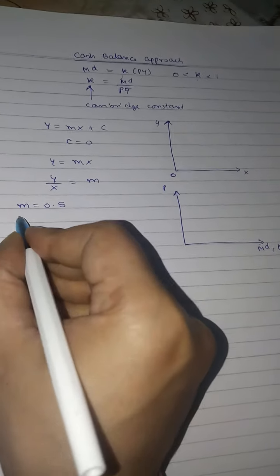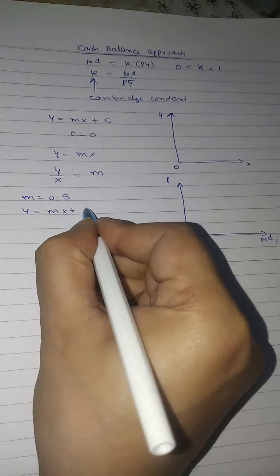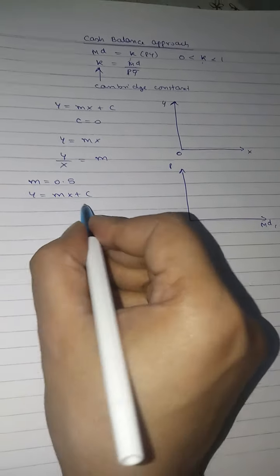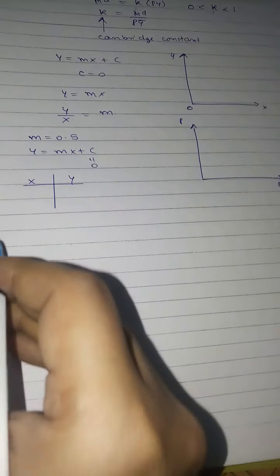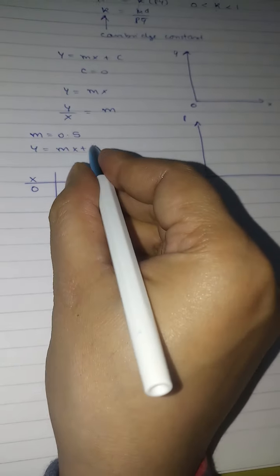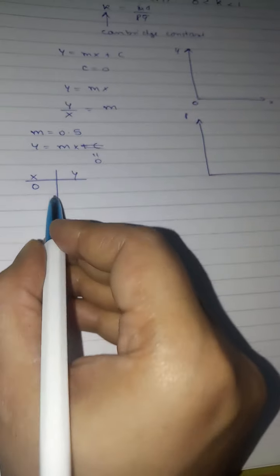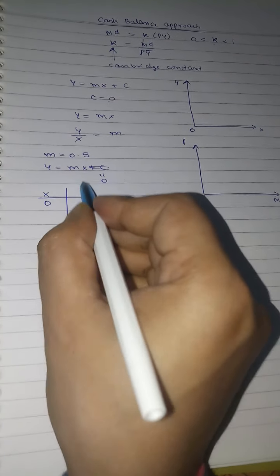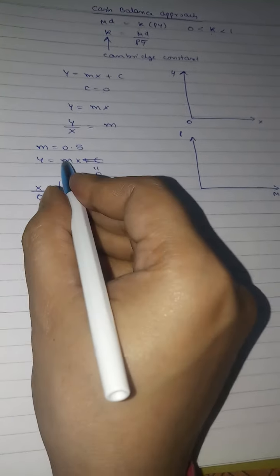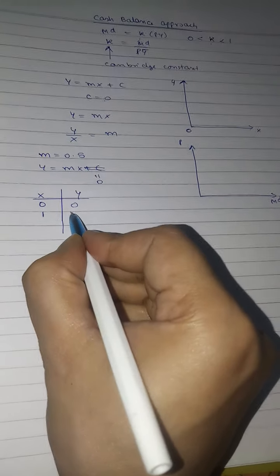So y equal to mx plus c, with c equal to 0. Let's look at what will be the value. When x equal to 0, this term is 0. Because I consider c to be 0, I am looking at a proportional relationship. When x equal to 0, y will be 0. When x equal to 1, 1 into 0.5 is 0.5.